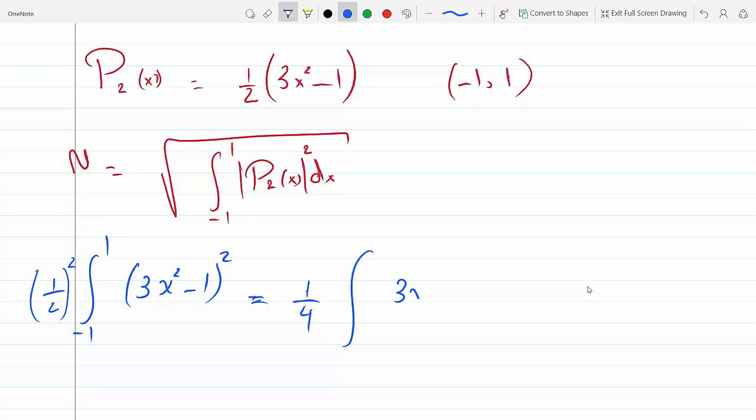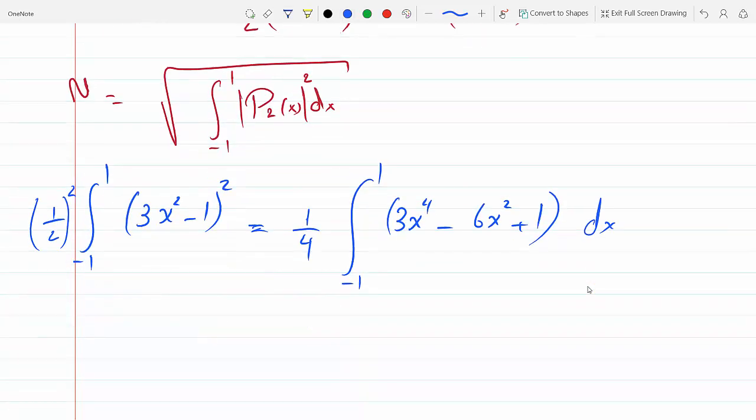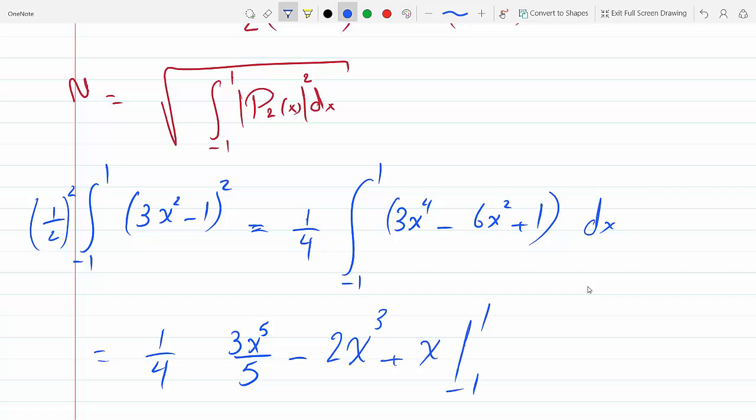Let's open this up: 3x to the 4 minus 6x squared plus 1 dx, from minus 1 to 1. Well, basic integration: 3x to the 5 over 5 minus 6 over 3, 2x cubed, plus x, from minus 1 to 1.